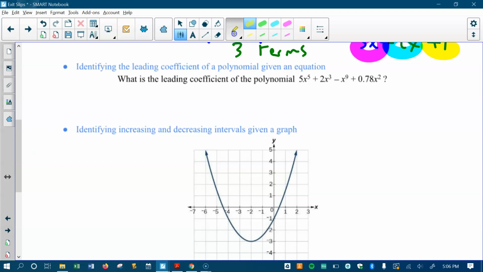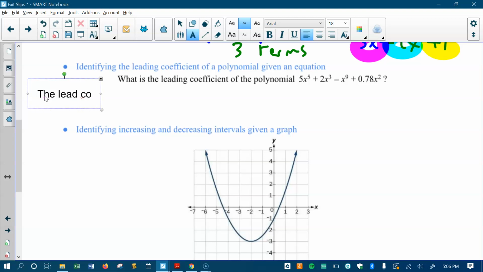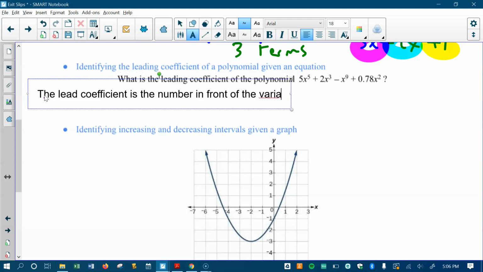Okay, lead coefficient. The lead coefficient is the number in front of the variable with the biggest exponent.